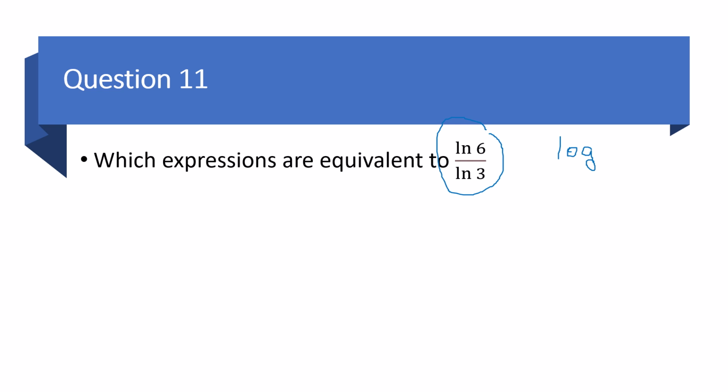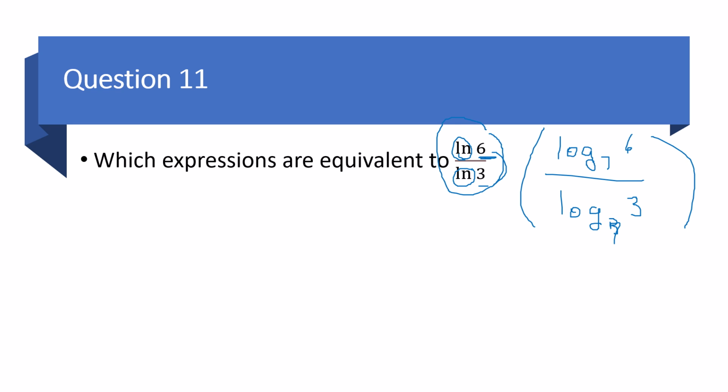So we could write this as log base 7 of 6 over log base 7 of 3. So what I'm saying is, you can write this as any common log base: 10, log base 3, log base 7, log base 5, as long as you have the same thing here on the bottom and top. You can't switch the 6 and the 3.